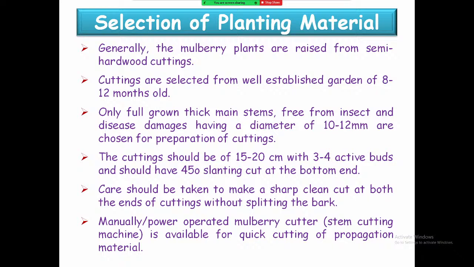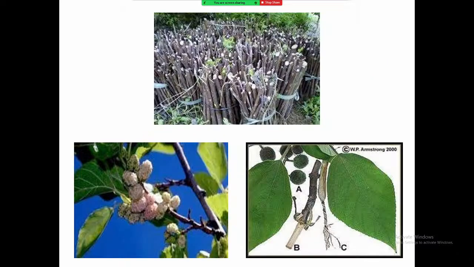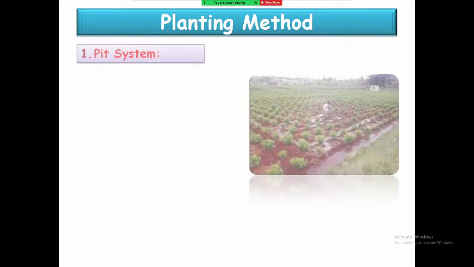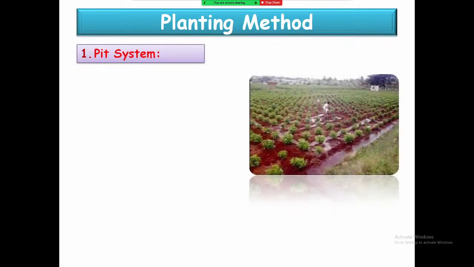ओके, सो दिस इज दी सिलेक्शन ऑफ दी प्लांटिंग मटेरियल. Then the planting method. So the mulberry plants are planted by 3 to 4 ways. First method is the pit system.